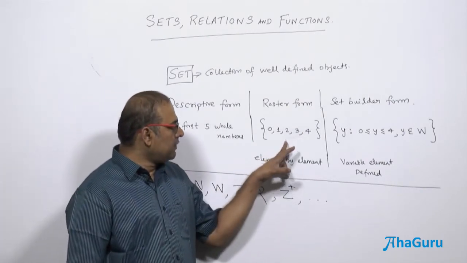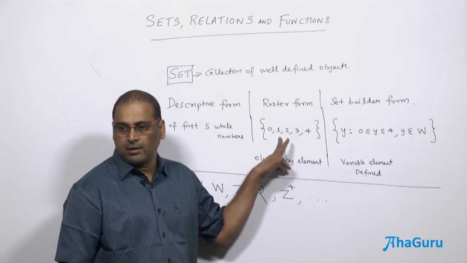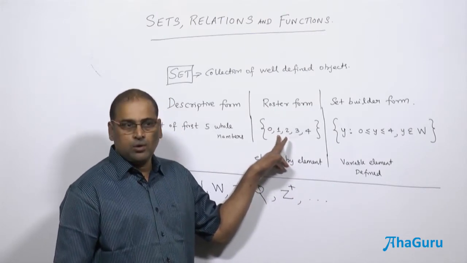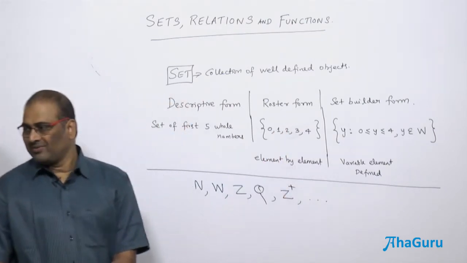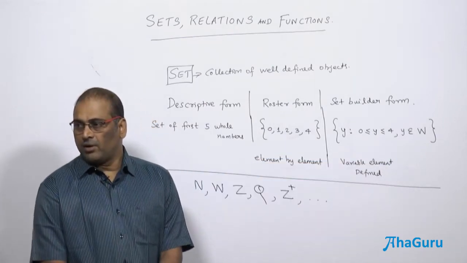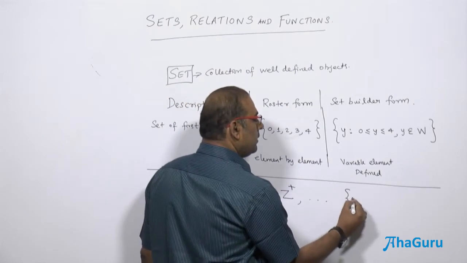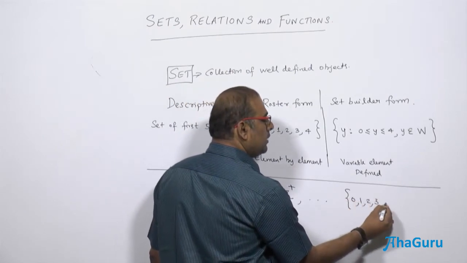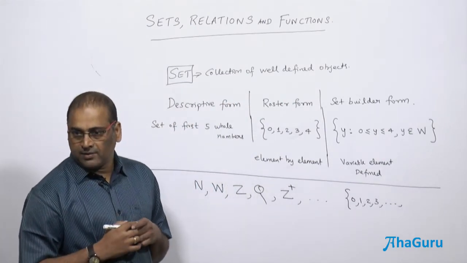In the case of 5 numbers, it's easy. Suppose I want the first 1 lakh whole numbers. In roster form, you may not be able to write all the numbers. Then it will be better to write the set builder notation. But one may argue, what if I write 0, 1, 2, 3, ... till the last element? But a problem will arise.